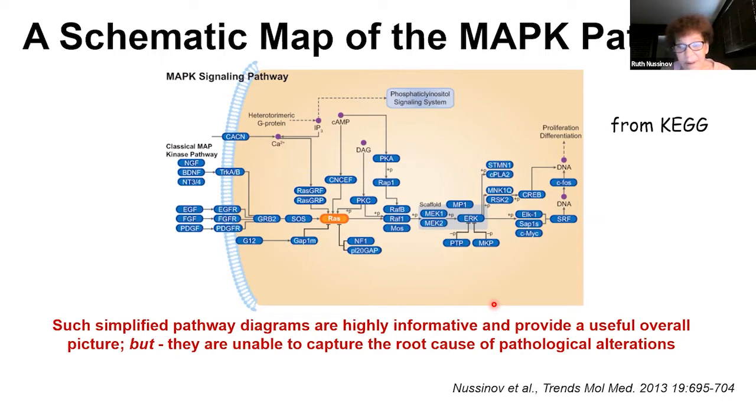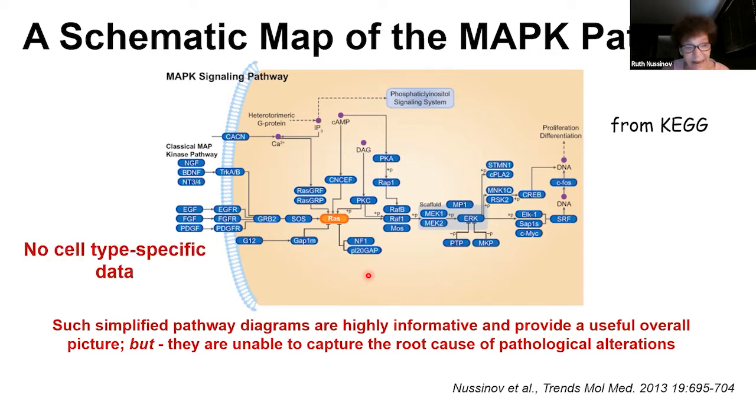Looking at such a map, we still do not understand why different isoforms of RAS, KRAS4A, KRAS4B, NRAS, HRAS, etc., populate different tissues, different cell types, why different mutations have different consequences, and why they show different preferred distributions in the different isoforms. Looking at such maps, we still do not understand.